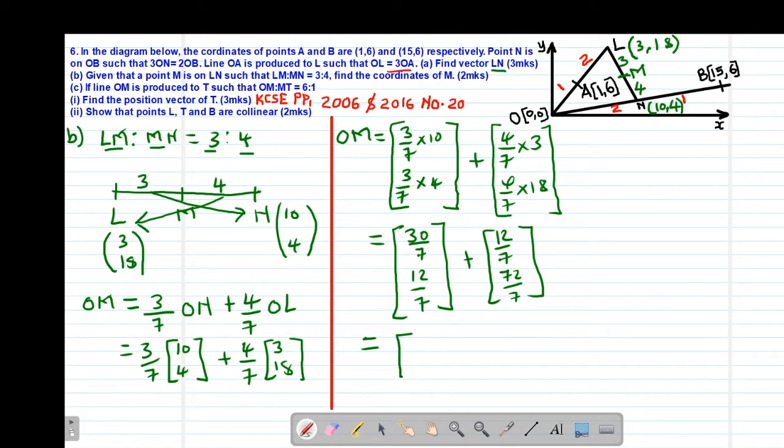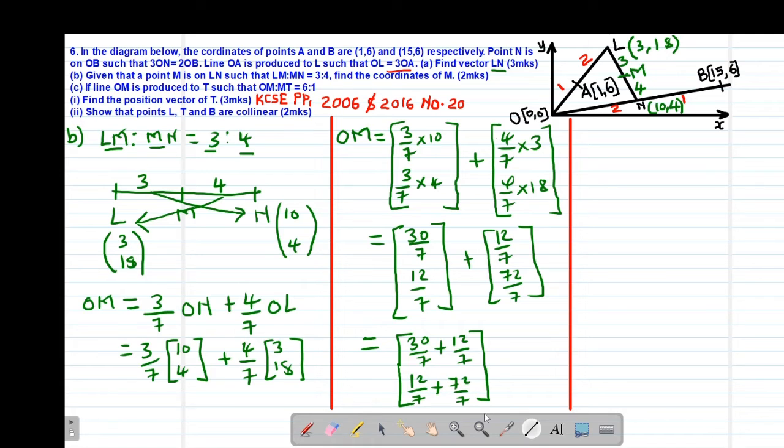I'll simply take the first value that I'm having here. So I want to add these values, so it will be 30 over 7, then of course should be added to 12 over 7, then of course 12 over 7 should be added to 72 over 7. So this should give me the following.